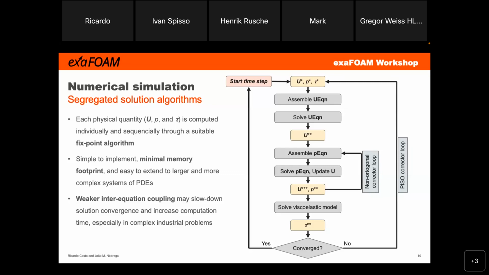And it's also relatively easy to extend to other, more complex systems of PDEs, or to put more equations in the system. The drawback of this segregated approach is that there's a weak inter-equation coupling, which means that I might need to loop several times until I obtain convergence, because the solution convergence might get slow, which at the end of the day will increase my computational time.